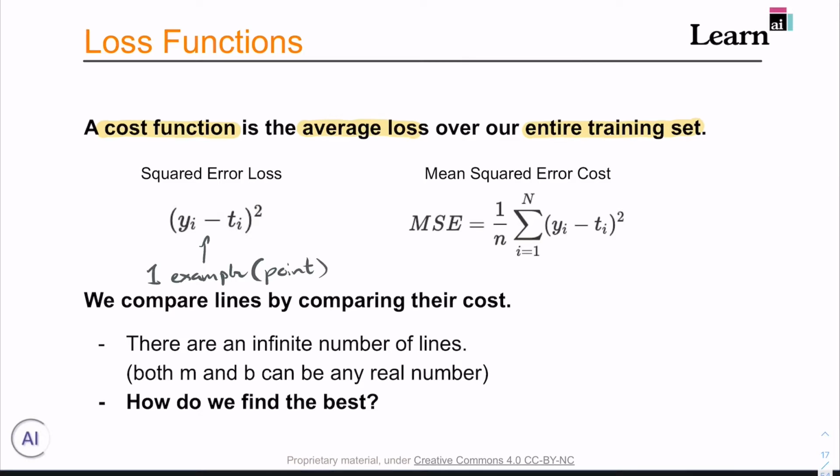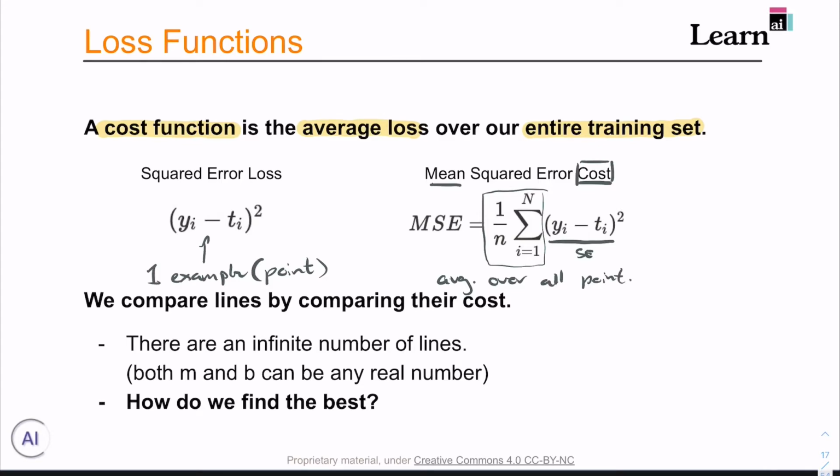Notice mean squared error cost, not complicated. It looks sort of complicated. All it is is taking the squared error and taking the average. It's summing over all the training examples, or all of those points you saw, and taking the average squared error loss. So this is the average over all points, okay?